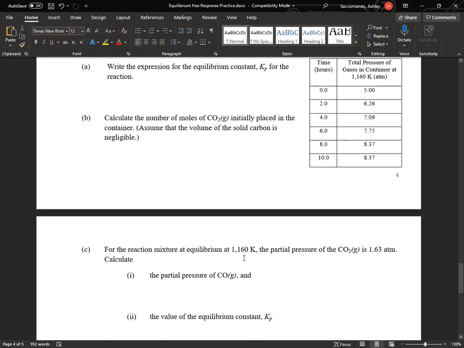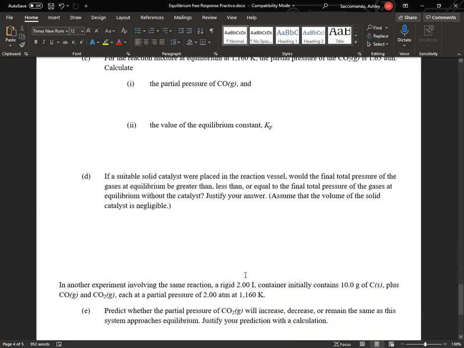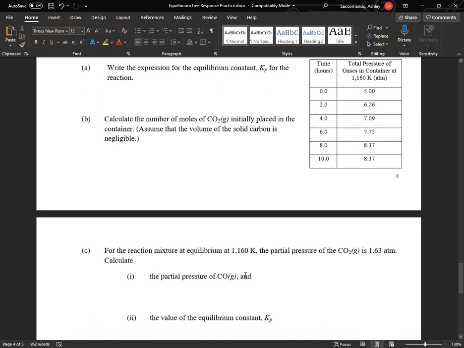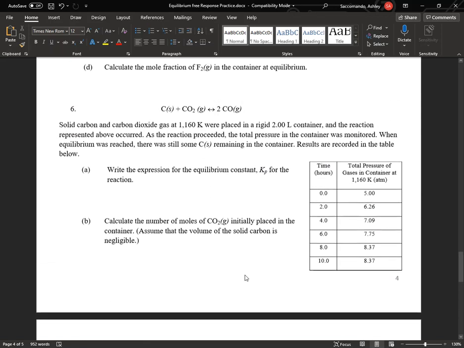All right, calculate. Let's see here. The number of moles. So they gave us the temperature, the reaction total pressure in the container was monitored and reached. There was still some remaining that were recorded on the table there. Calculate the number of moles initially placed in the container.